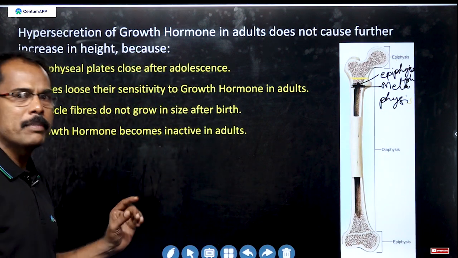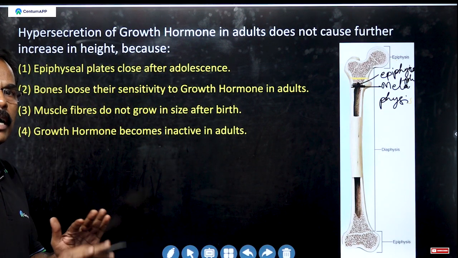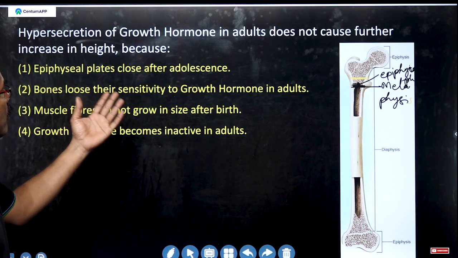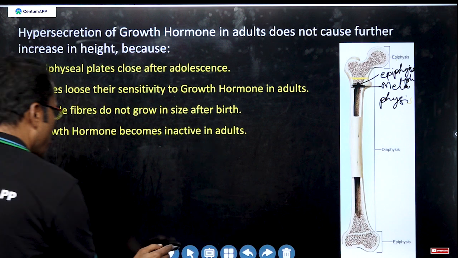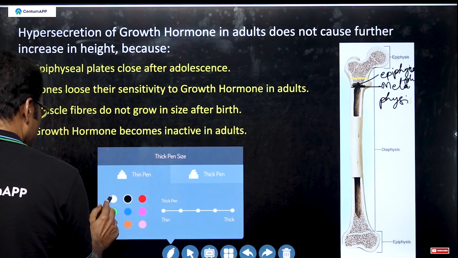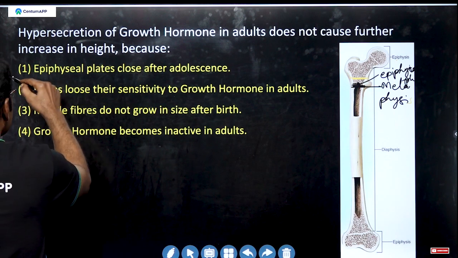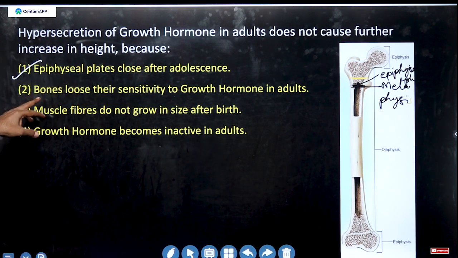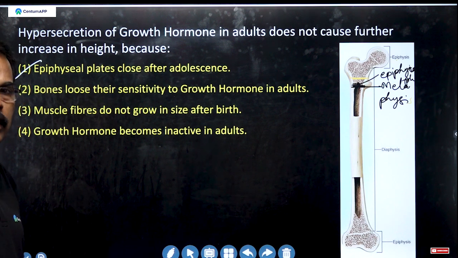If the epiphyseal plate is formed during adolescence, automatically the length of the bone will be stopped. So, the first option is the correct one.